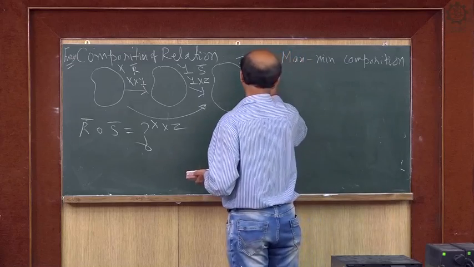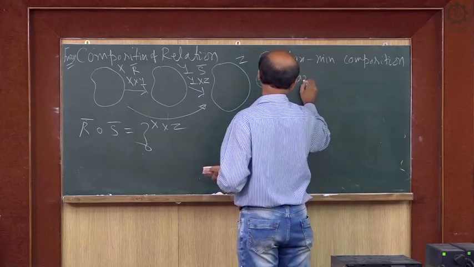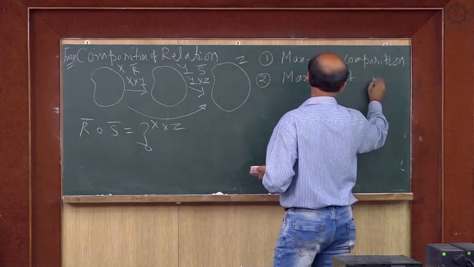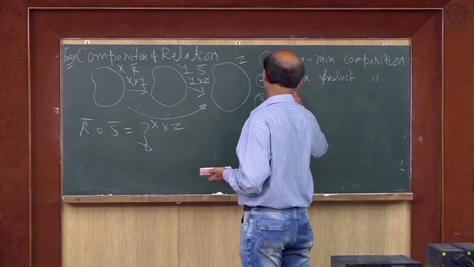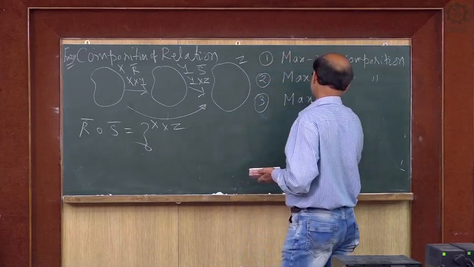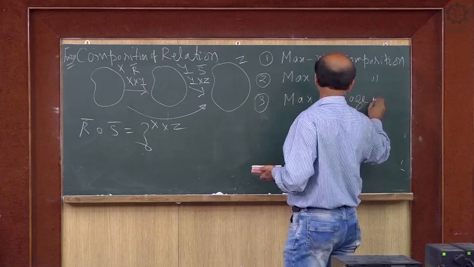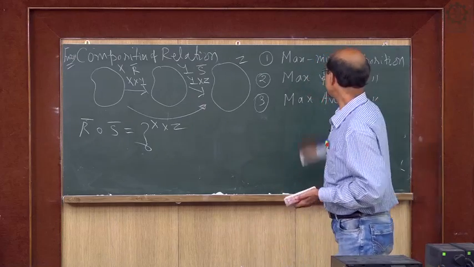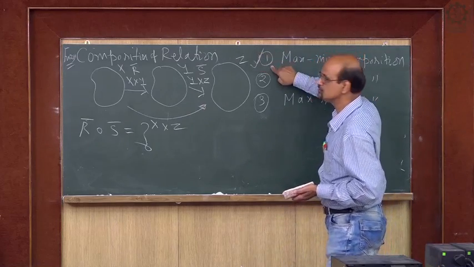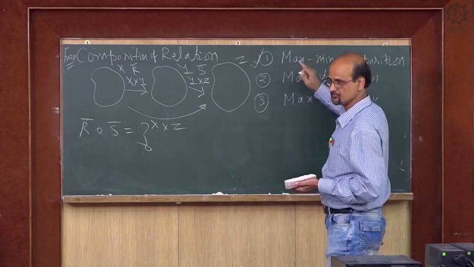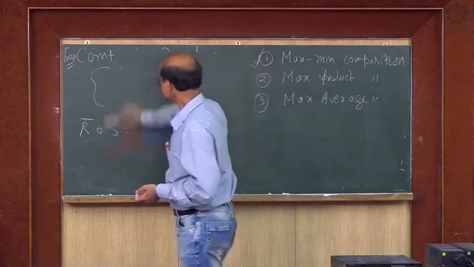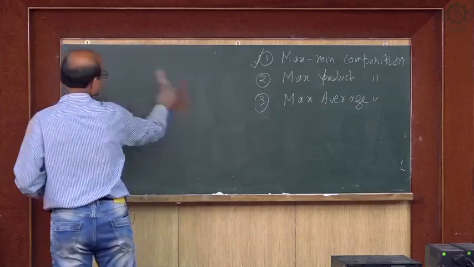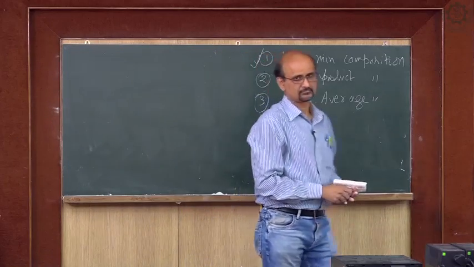Second one is called max product composition. Third one is called max average composition. In practice, we generally use max min composition. So, let us do that. What is max min composition?